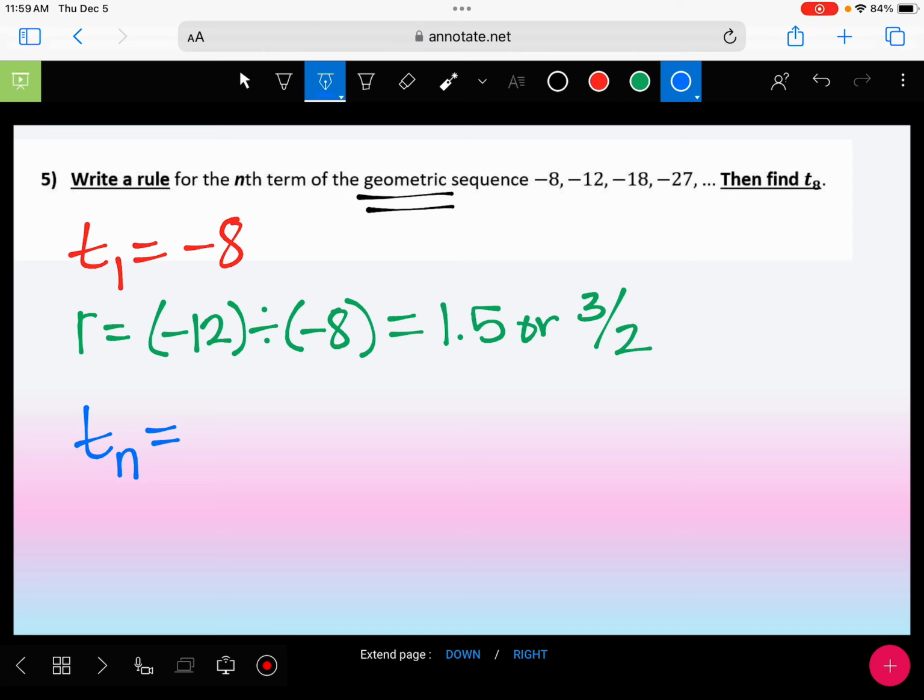So remember to find the common ratio, if you're not sure, take the second number and divide it by the first number. And you can write that as a fraction or a decimal.